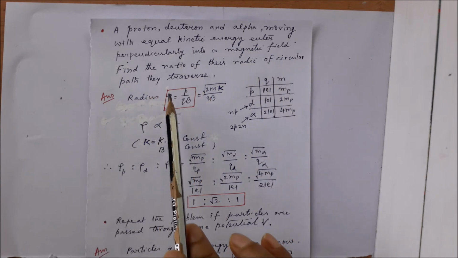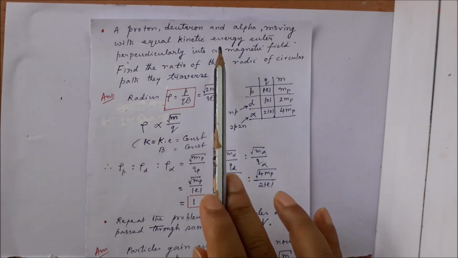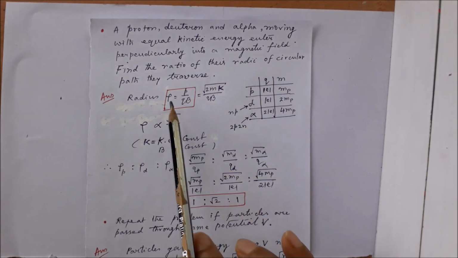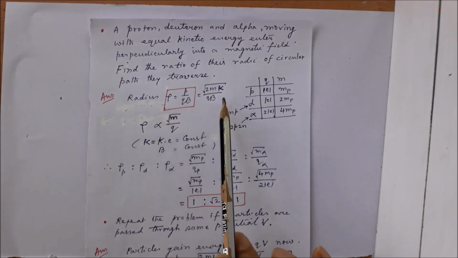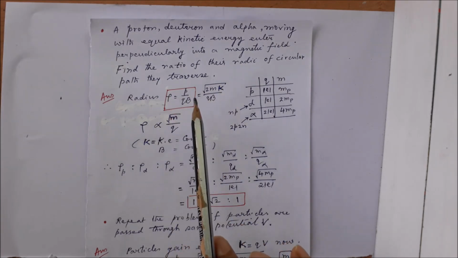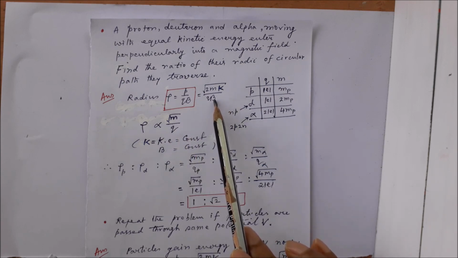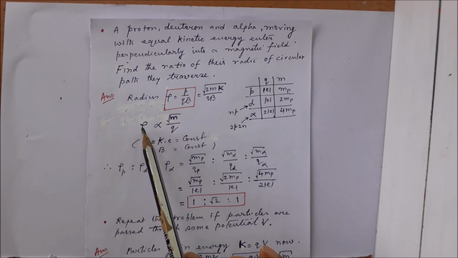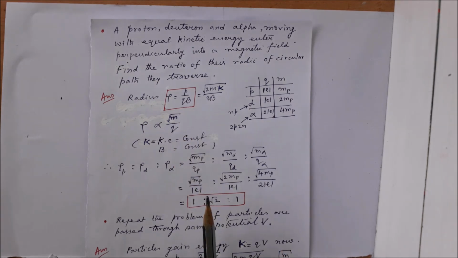So this means that the radius again has to be brought into discussion, and since their kinetic energies are the same, we have to express radius in terms of kinetic energy. So this is the expression which we got earlier. Now since kinetic energy is the same, and B is the same, the radius is proportional to the square root of m by q, m being the mass of the particles and q being the charge of the particles.